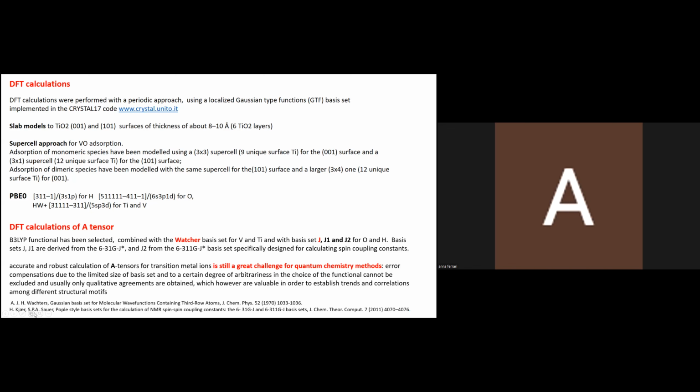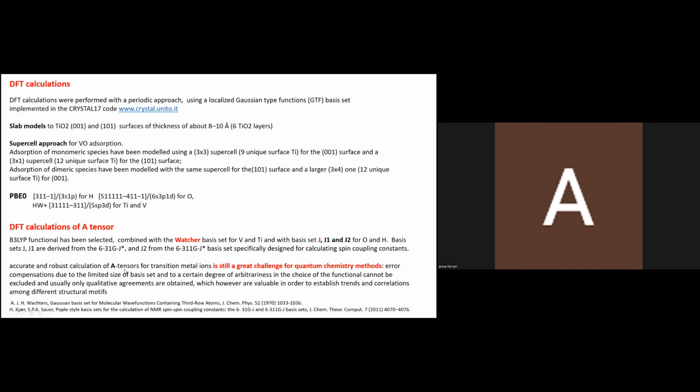I don't want to go into details about basis sets. I use the EPR-III basis set developed by Barone, which is a Pople basis set modified and specially designed for the calculation of these coupling constants.